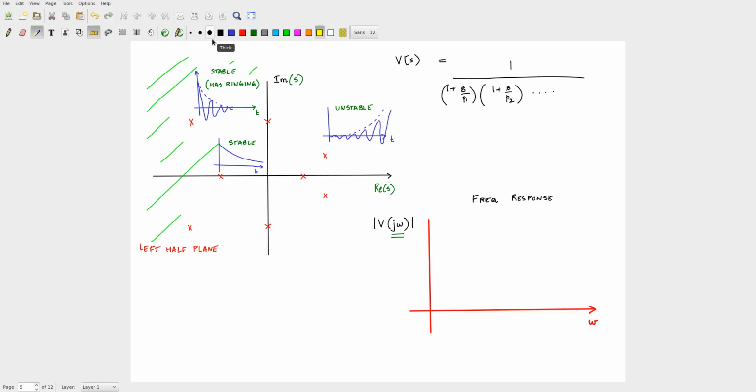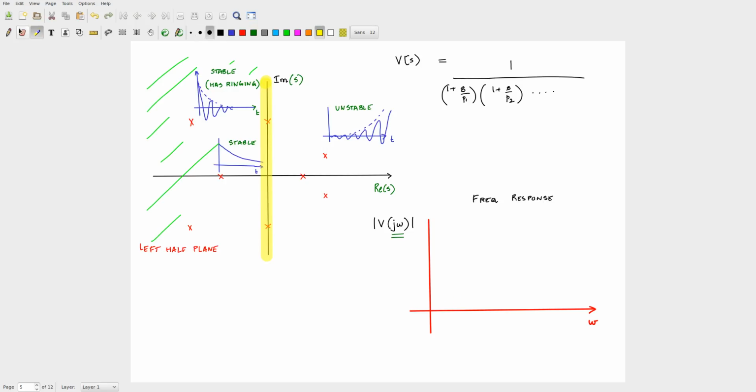But even simpler than that, what are you essentially doing? You're basically taking omega along this axis, right? Because you're plotting S equal to j omega, which means you're looking only along the imaginary axis, and you're looking at the response. That's what you're doing when you're doing the frequency response.